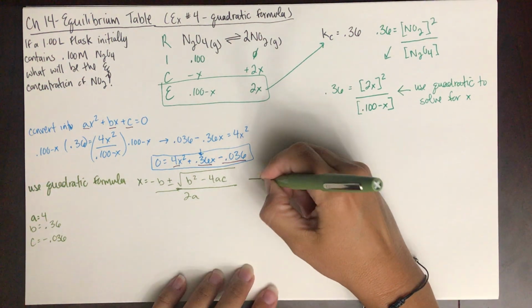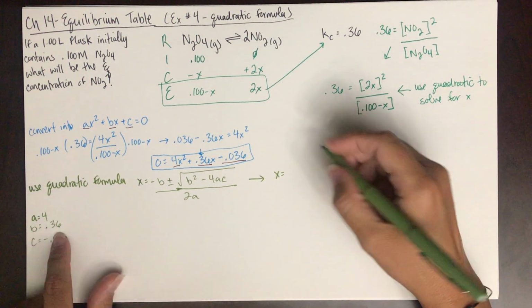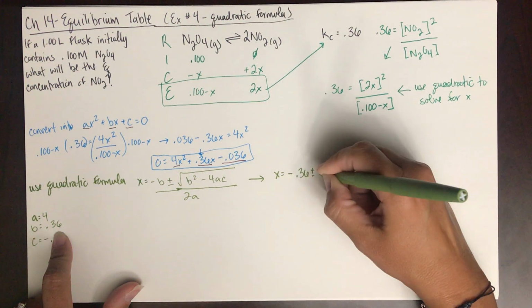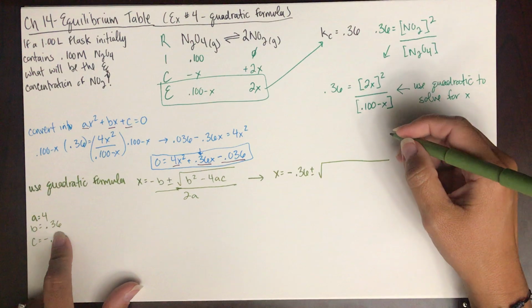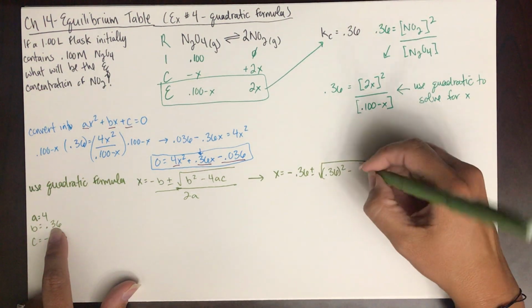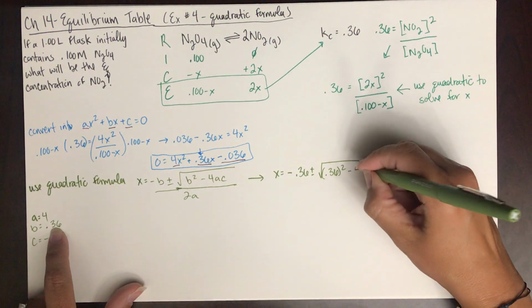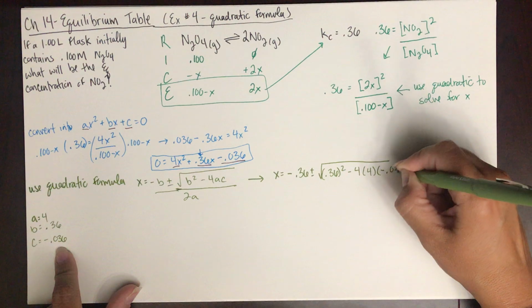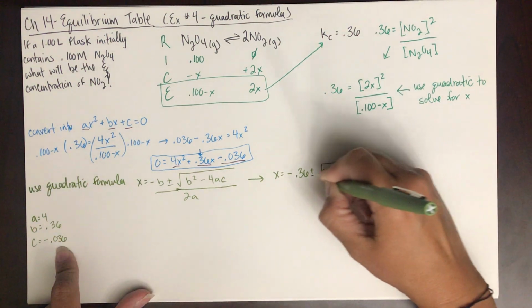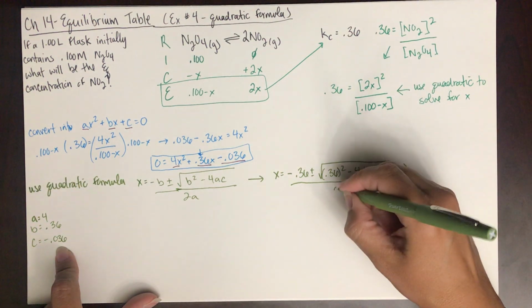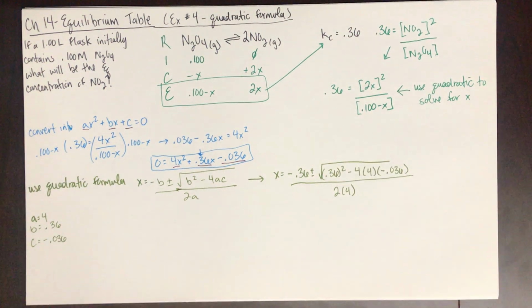So x equals negative 0.36 plus or minus the square root of b squared, 0.36 squared, minus 4ac, so 4 times negative 0.036, all over 2a, which is 2 times 4.